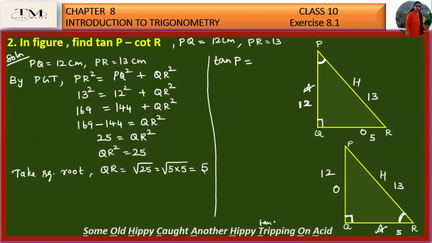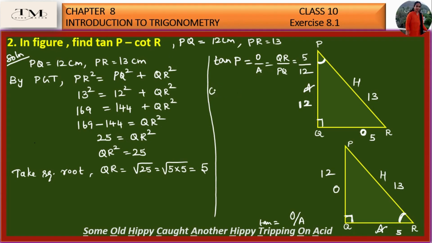Tan equal to opposite by adjacent, O by A. Who is the opposite side here? Opposite side is QR, and adjacent side is PQ. QR value is 5. What is the value of PQ? It is 12. So tan P is equal to 5 by 12.